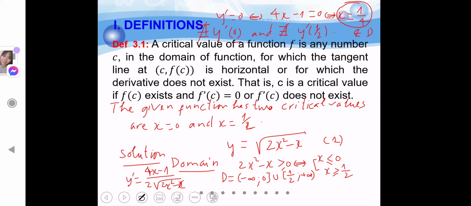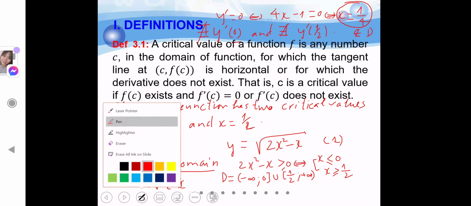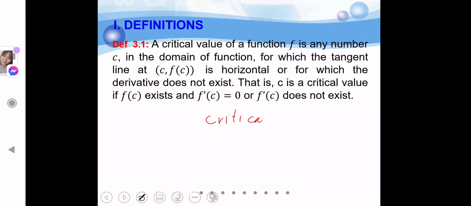Professor, what does critical value mean in Vietnamese? Okay, same meaning. The critical value has two kinds.